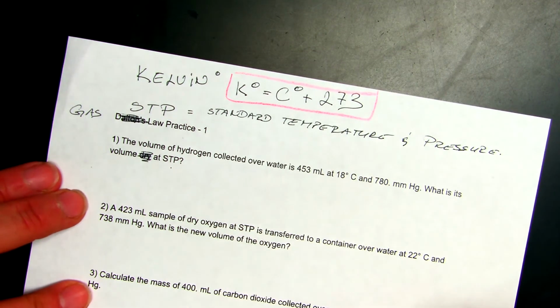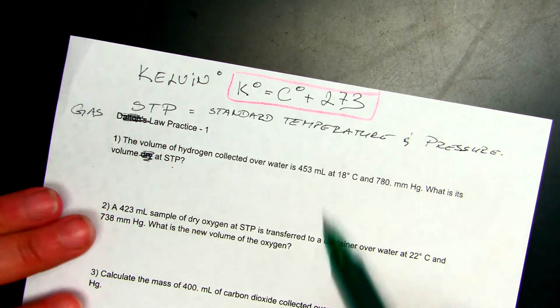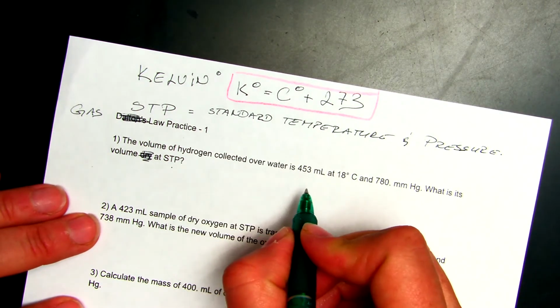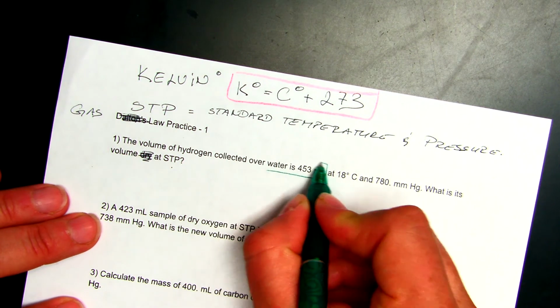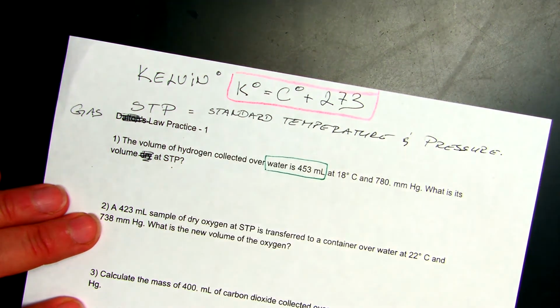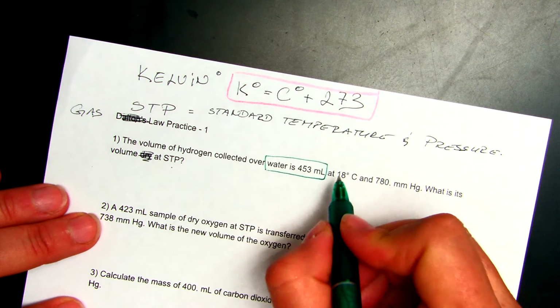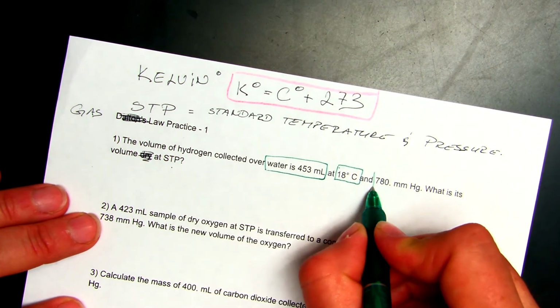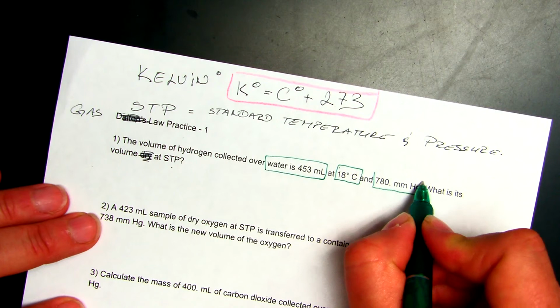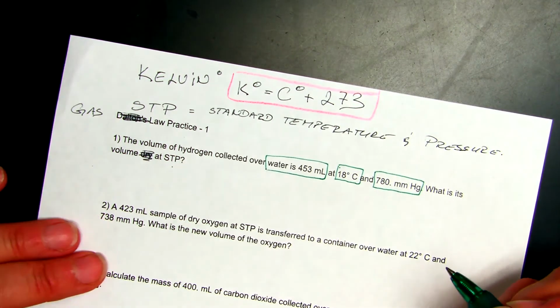Let's see, what do they give us? Let's underline the given. Let me use green. So the volume of hydrogen is 453 milliliters. And then I have a temperature of 18 degrees Celsius, and I have a pressure of 780 millimeters of mercury.